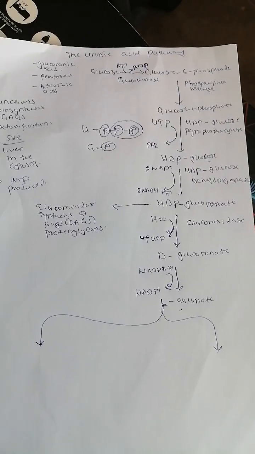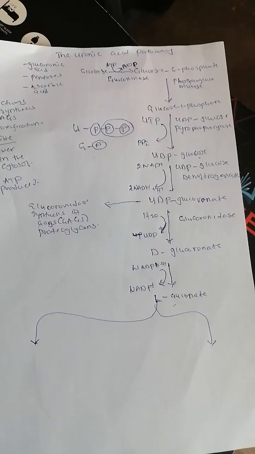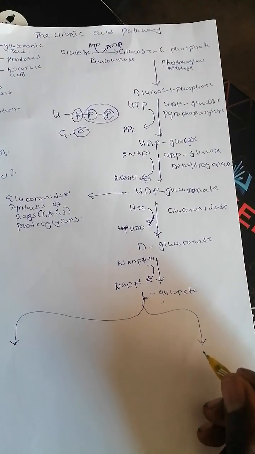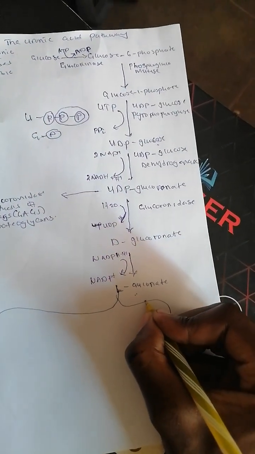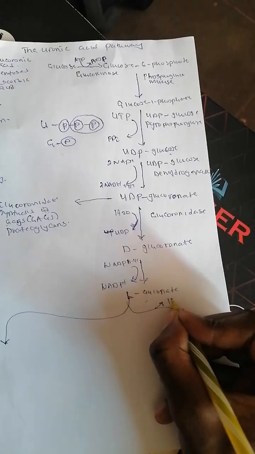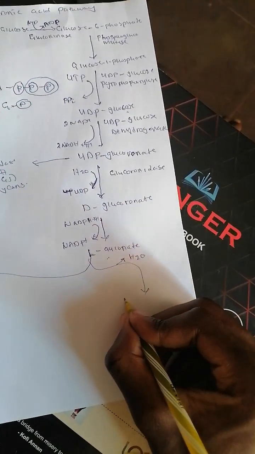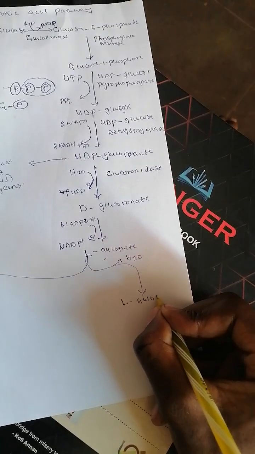One in which it happens in human beings, and the other which happens in lower animals. In lower animals, we are going to see the production of ascorbic acid. So let me just demonstrate. Stay with me. So water will be given off, and then there is a molecule called L-gulonolactone.